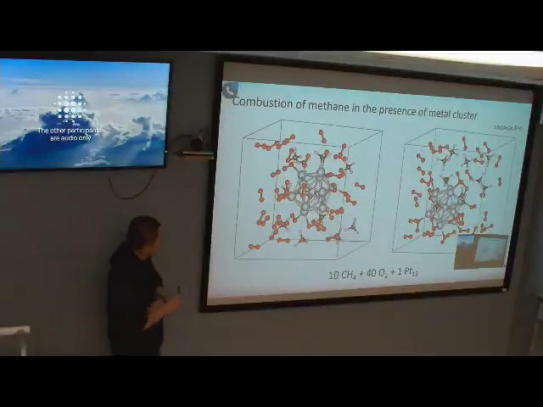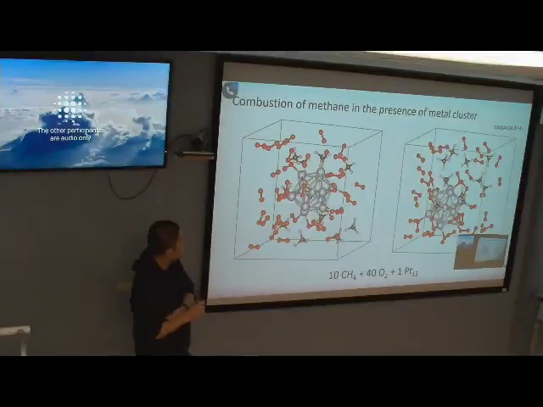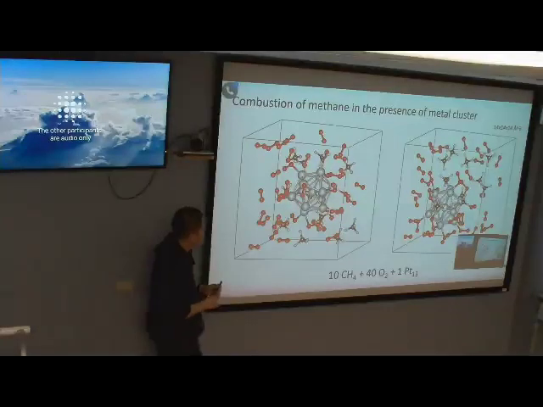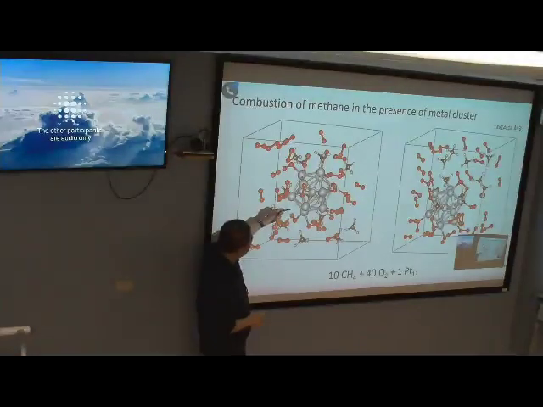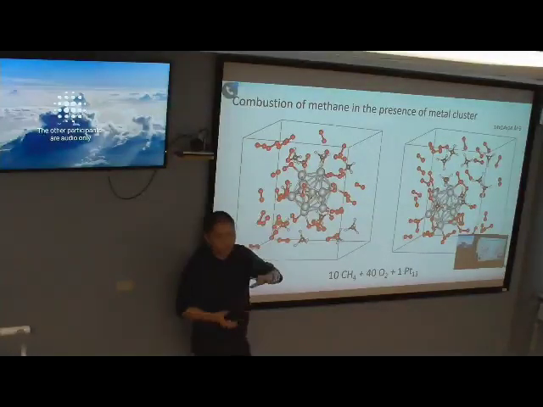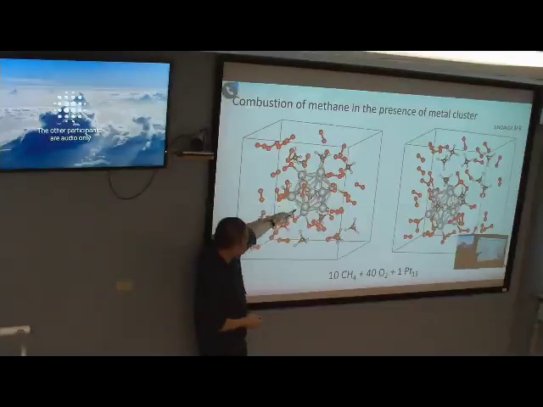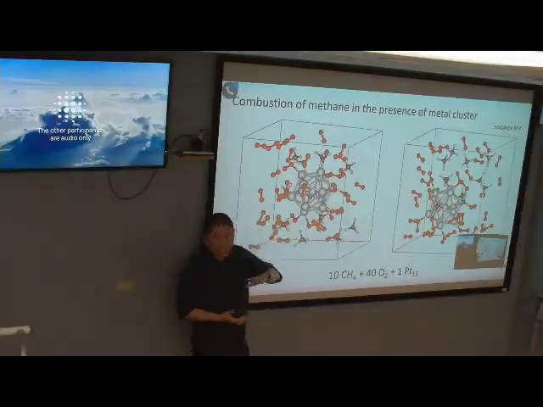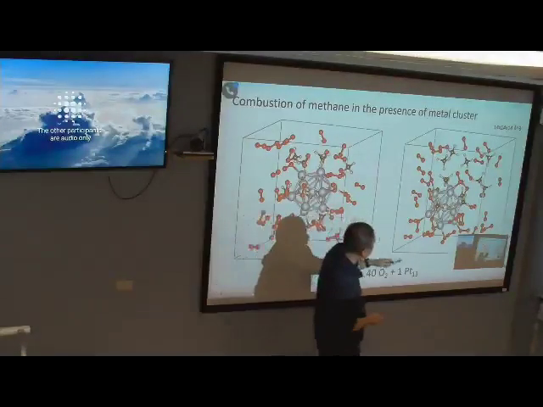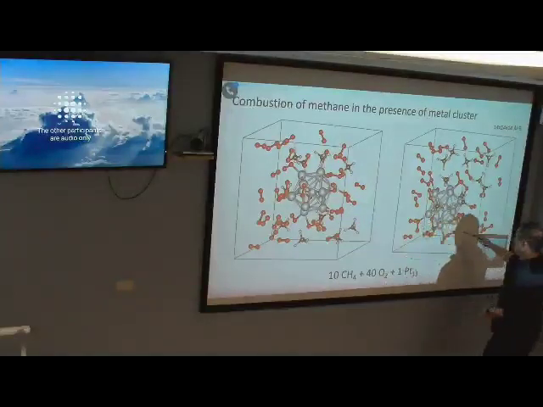So here I just want to include the metal clusters into our simulation cell, and I prepared two initial configurations. This is an almost perfect octahedral metal cluster. I put it in the center of the cell, and here it's in the left corner of the cell.